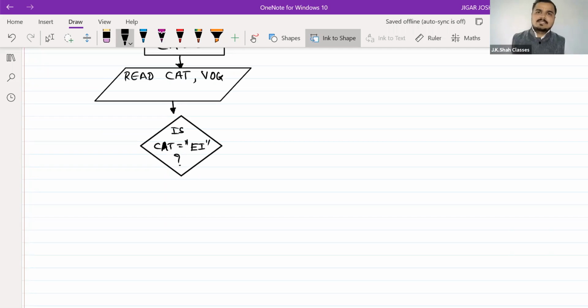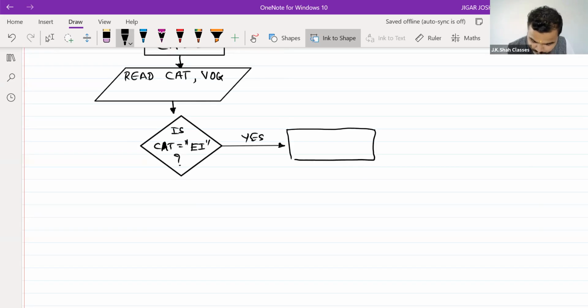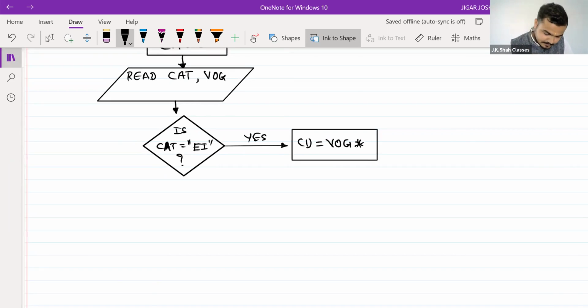Suppose the answer is yes. Then we'll calculate the custom duty. Custom duty is equal to value of goods into how much percentage they had said? 10%.